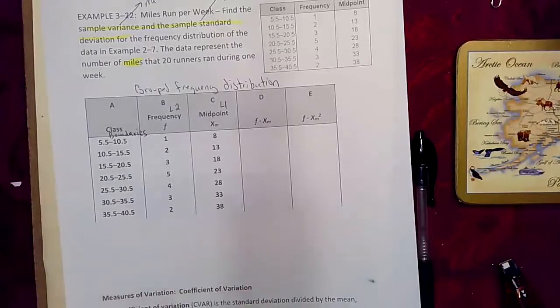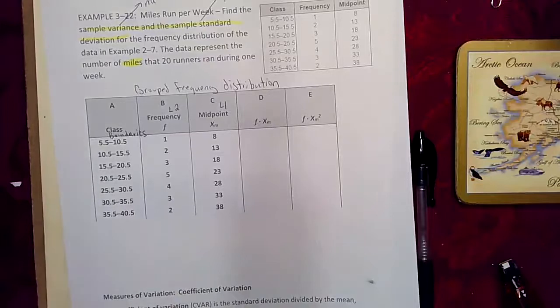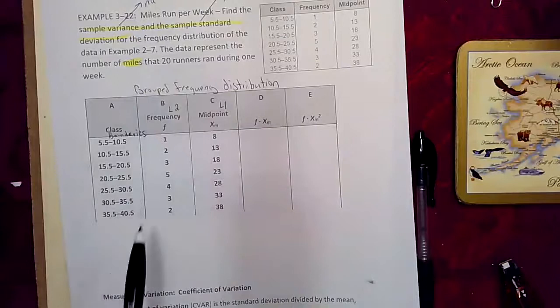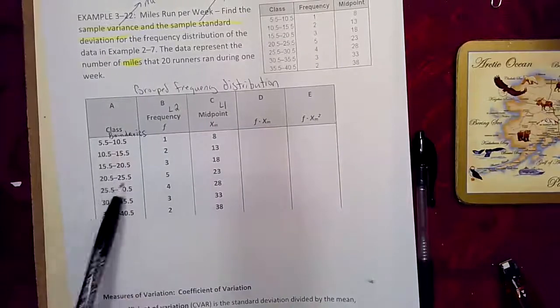Even though we don't actually have the data, the rounding rule says you round one decimal place beyond how the data is given. But remember we said when we're calculating the mean for a grouped frequency distribution, you round according to the class boundaries' place value.